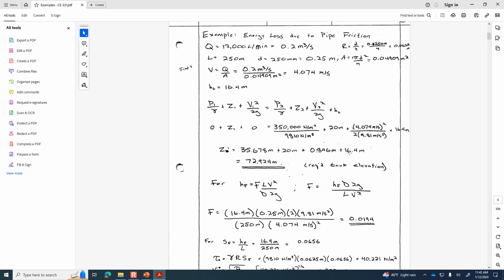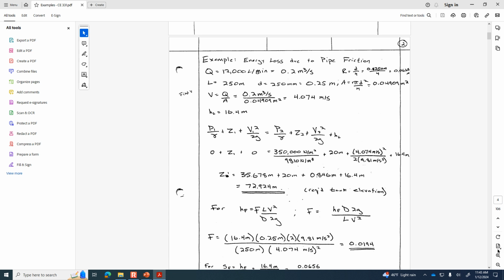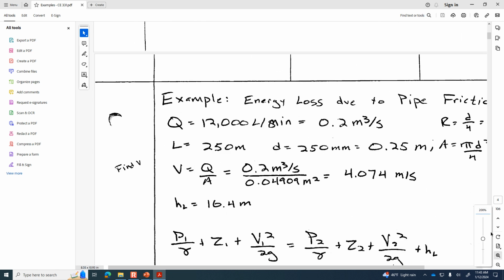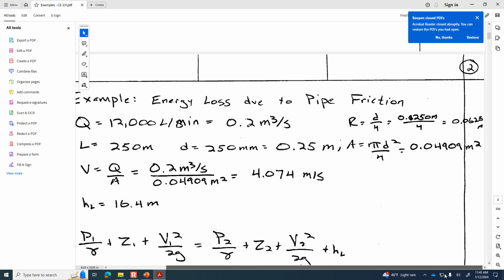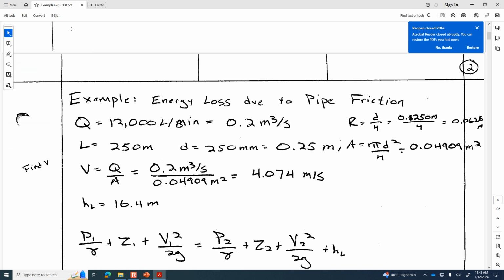All right, so what we've done so far is determine the velocity, of course. And we're going to apply it to the energy equation. So we already said we've got the pressure head term, the elevation term, and then the velocity term, v squared divided by 2g.